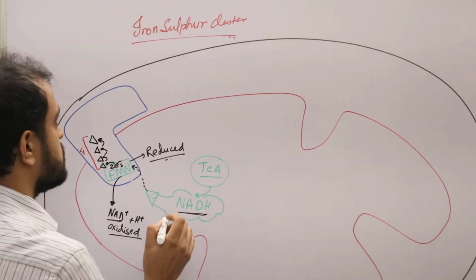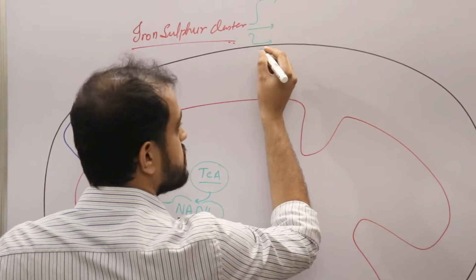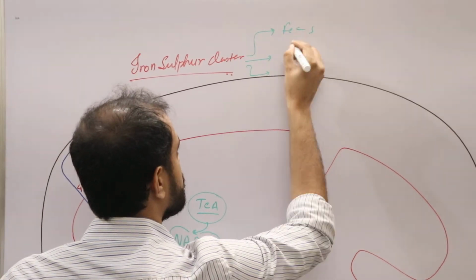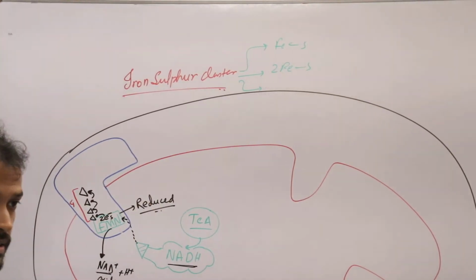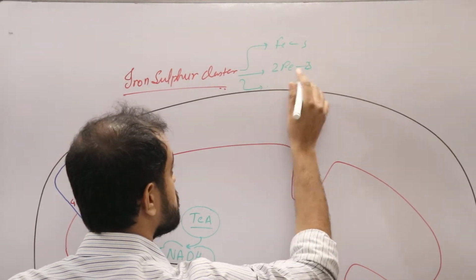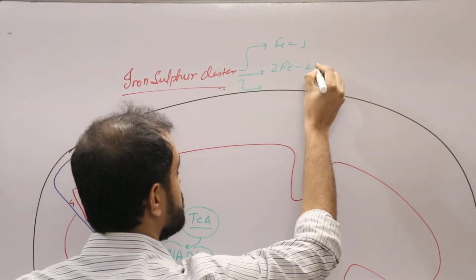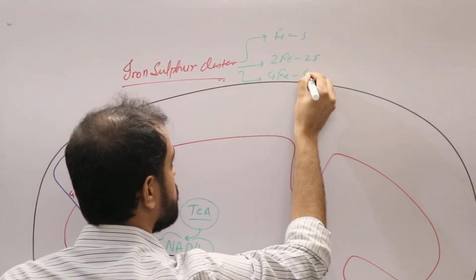I have already discussed that there are actually 3 types of iron sulfur cluster: the FeS type, the 2Fe2S type, which is present in complex 3 and is known as the Rieske center, which we will discuss later, and the 4Fe4S cluster.